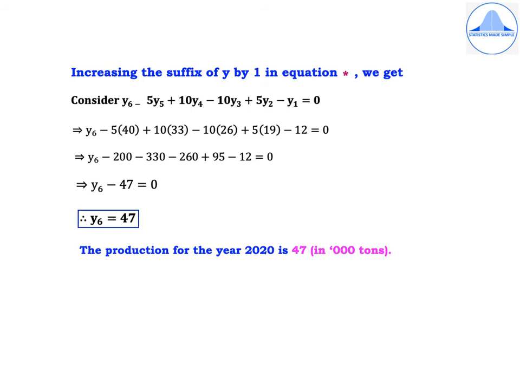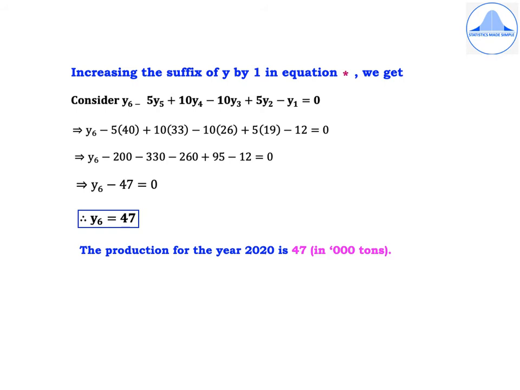Now increase the suffix of y by 1 in equation star to find the next missing production, and hence we get the equation as y6 minus 5y5 plus 10y4 minus 10y3 plus 5y2 minus y1 equal to 0, which simplifies to y6 minus 5 into 40 plus 10 into 33 minus 10 into 26 plus 5 into 19 minus 12 equal to 0, or y6 minus 200 plus 330 minus 260 plus 95 minus 12 equal to 0, which implies y6 minus 47 is equal to 0.